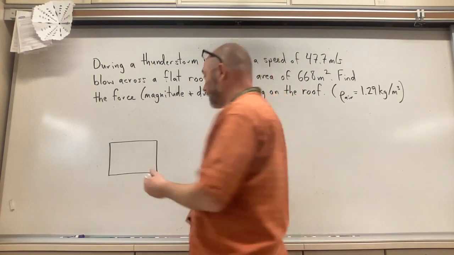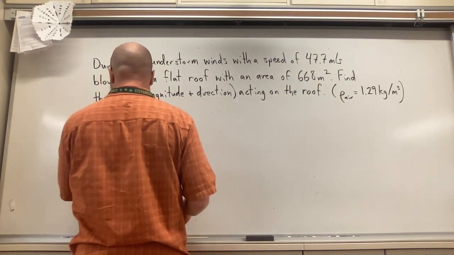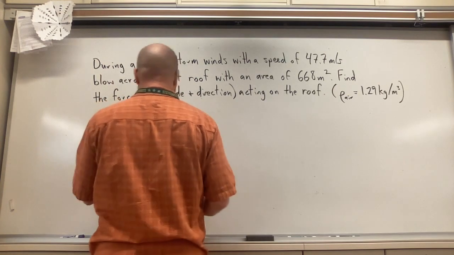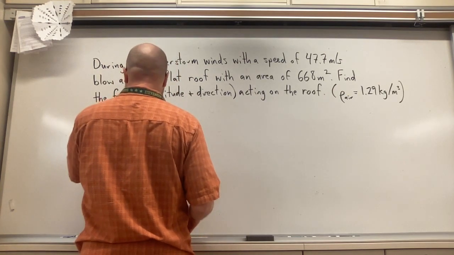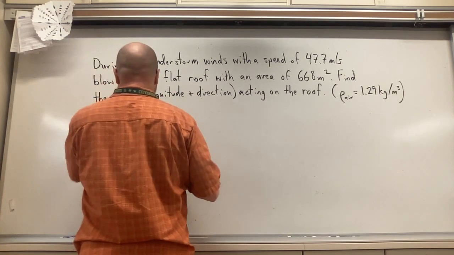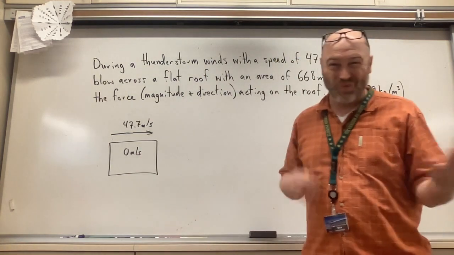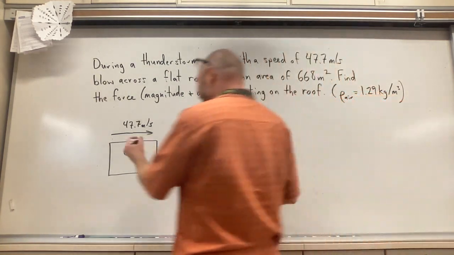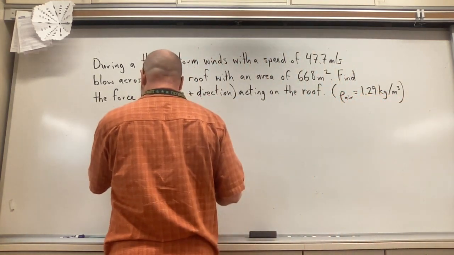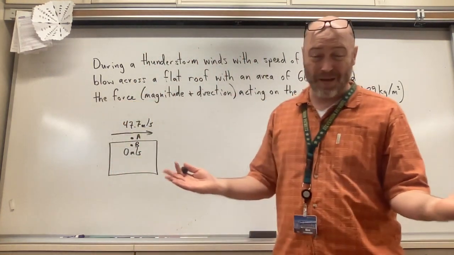Inside the house, the air, surprisingly, is not moving. And then outside, the air is rushing over top at 47.7 meters per second. So what are my important points? Well, right on top of the roof and right underneath the roof. Those are going to be my important points.